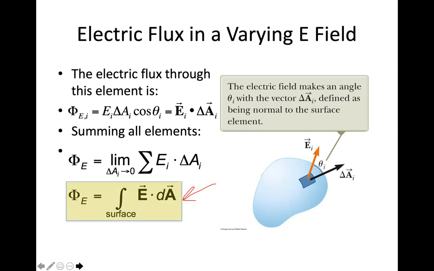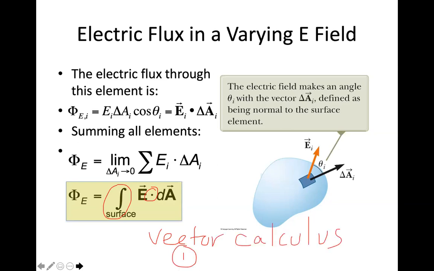Now, it could be that our electric field is constant, and it could be that it's changing. And if it's changing, it's got to stay inside the integral. If it's constant, it can come out. But remember, it's called vector calculus, not calculus vector. What that means is do the vector first.